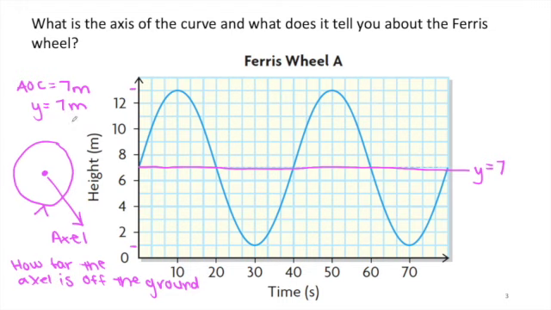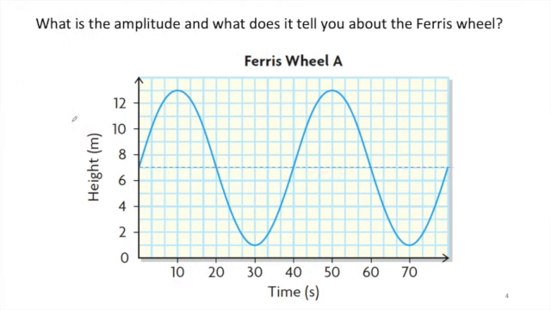Okay, another question here. What is the amplitude, and what does it tell you about the Ferris wheel? Remember, for your amplitude, you can use your equation. You can either look, you're going from 13 to 7, or 7 down to 1, or you can use your equation, max minus min divided by 2, which is 13 minus 1 divided by 2.